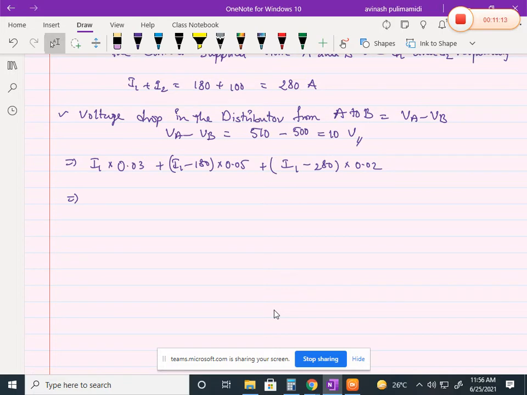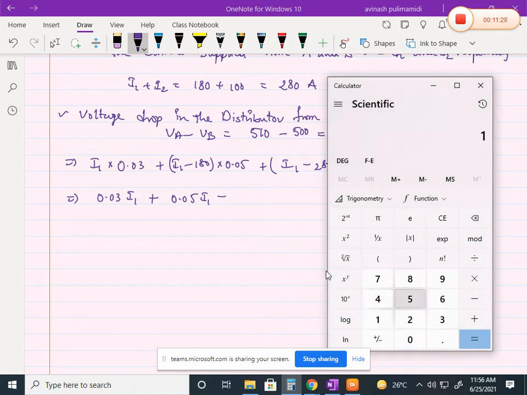Now we will solve this question. 0.03 I1 plus 0.05 I1 minus 180 into 0.05.